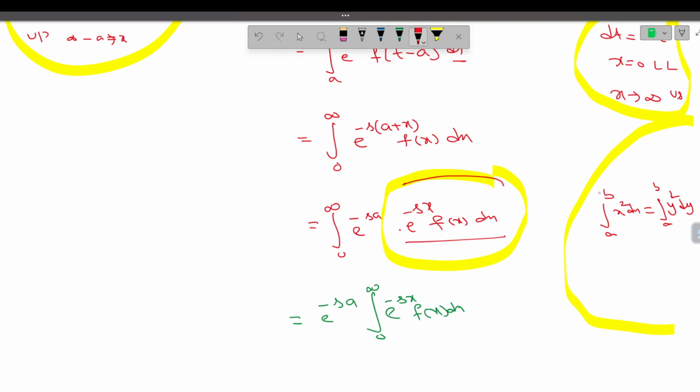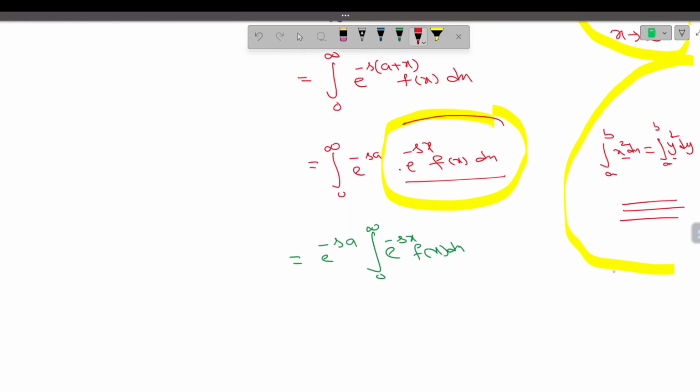The limits of integration are the same and the integrand has the same function, so the answer is the same. It doesn't matter whether it is x or t. Therefore it is e to the power of minus as times F of s. That is the proof.